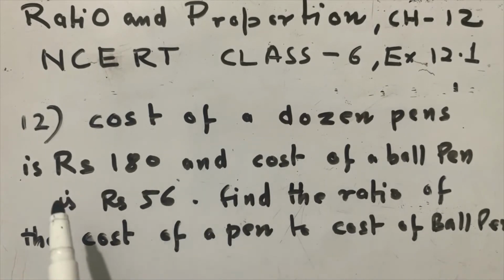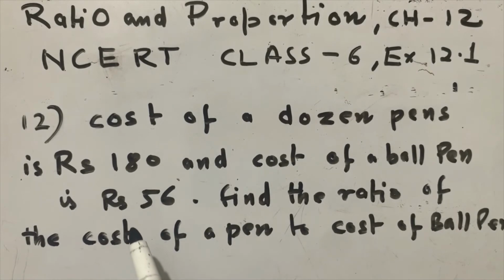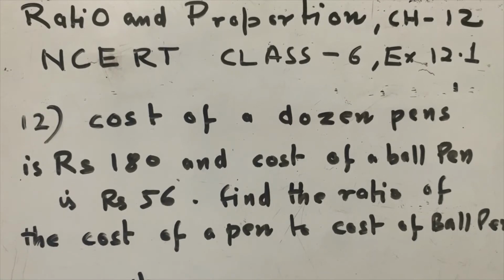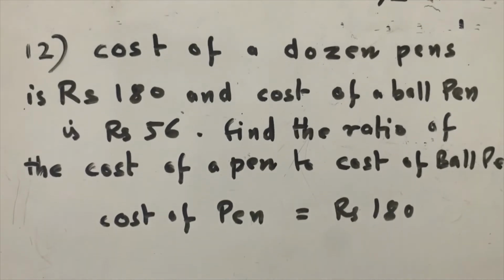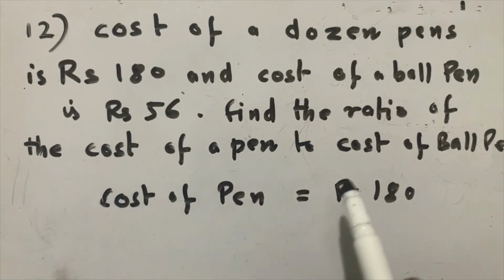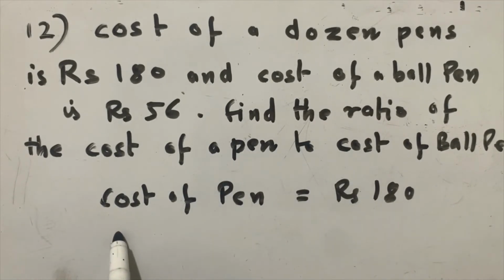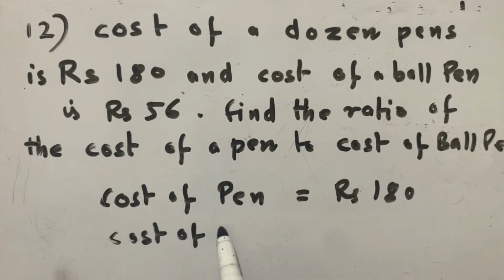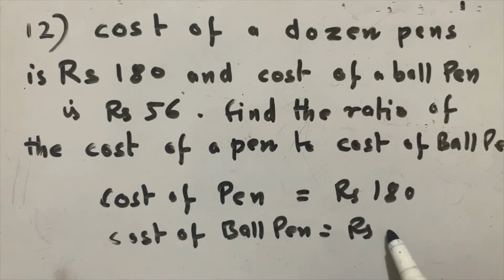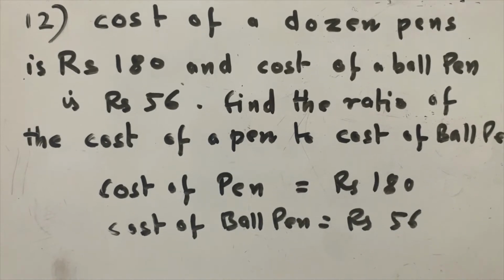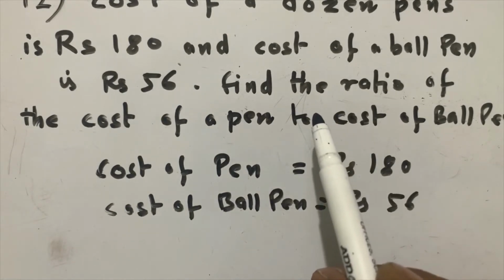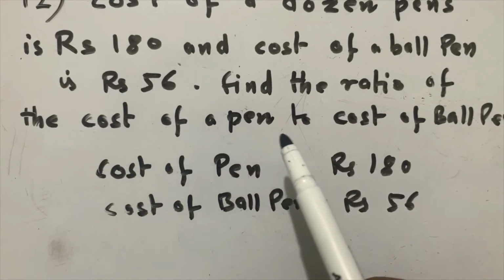Now question number 12 of exercise 12.1 class 6 is in continuation. Cost of a dozen pens is rupees 180 and cost of a ball pen is rupees 56. We have to find the ratio of cost of pen, dozen pen, to the cost of ball pen.